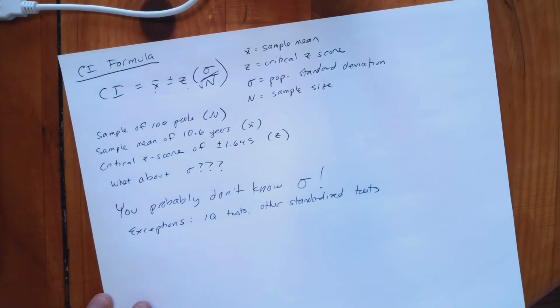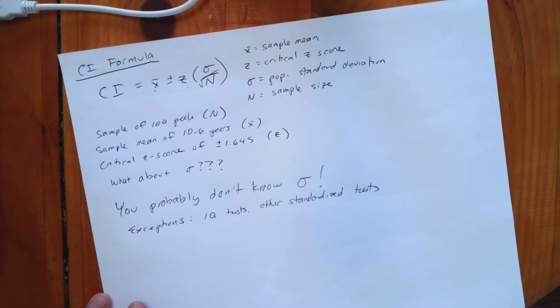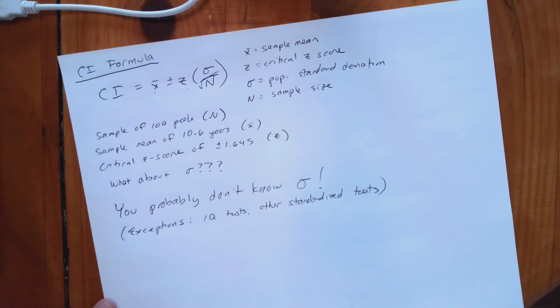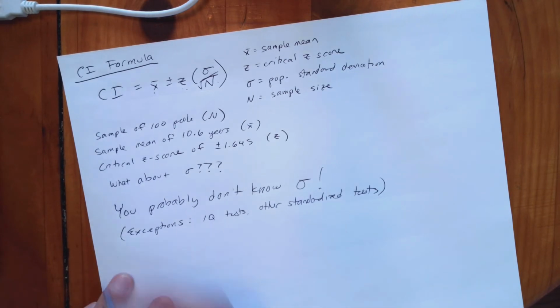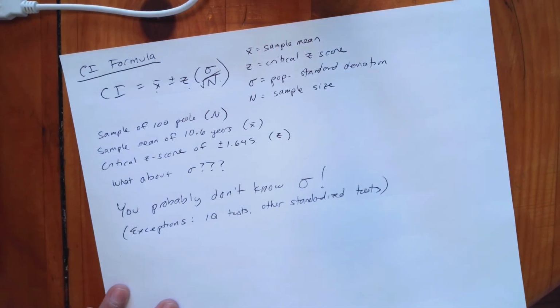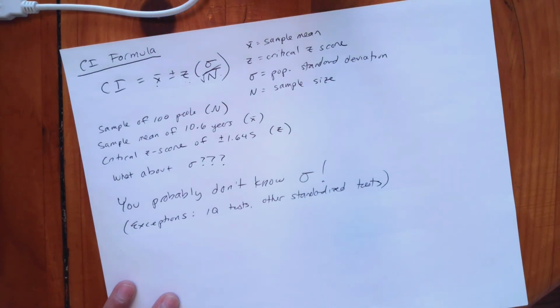And so if you ever do know the population standard deviation, you want to use it because that's going to give you the best estimate. But most of the time, you're just not going to know it. So what we do instead is we estimate it using our sample. And so the actual confidence interval formula that we're going to use in this class is going to be one that uses an estimate of the standard deviation.